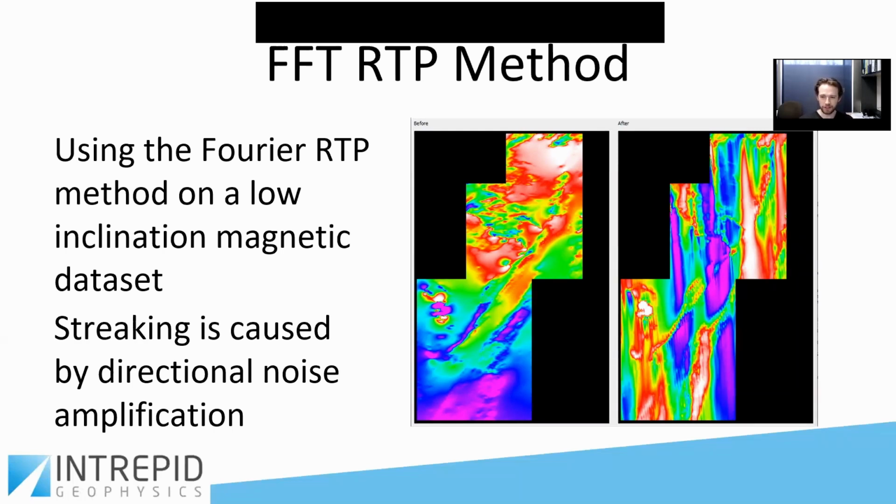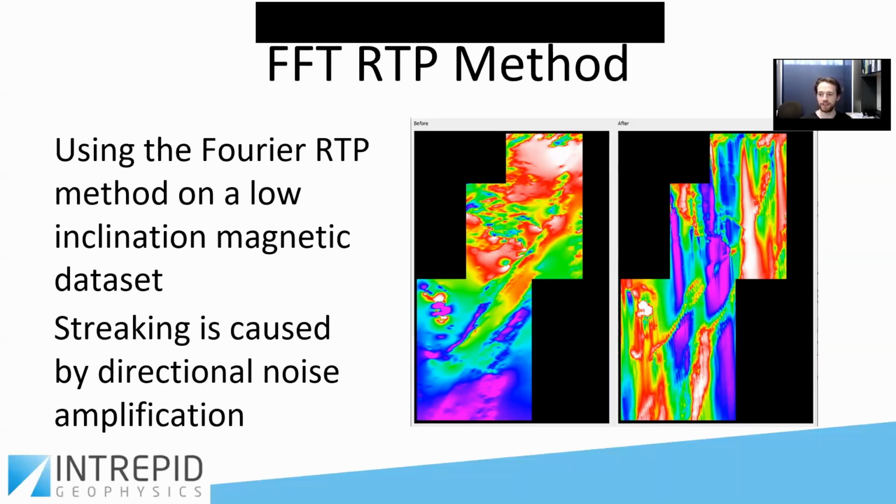So there are some options that you can use within the grid Fourier transform tool that will allow you to mitigate some of these streaks, but that will come at the cost of the reliability of the amplitude. The total signal strength will be slightly reduced, so it won't be as reliable.